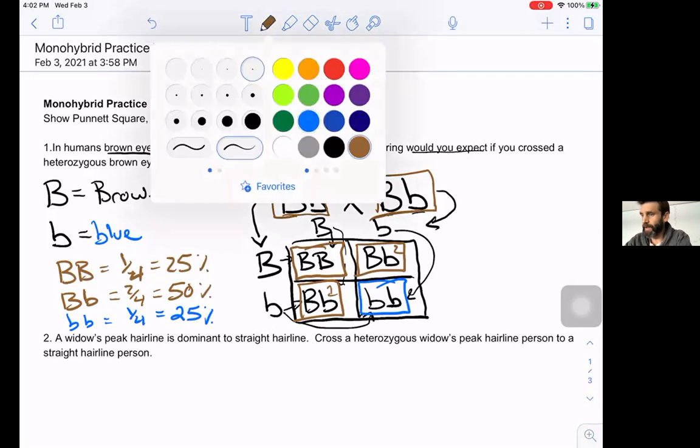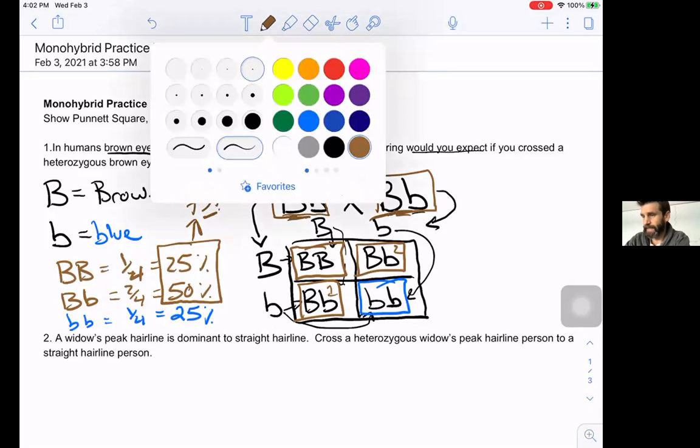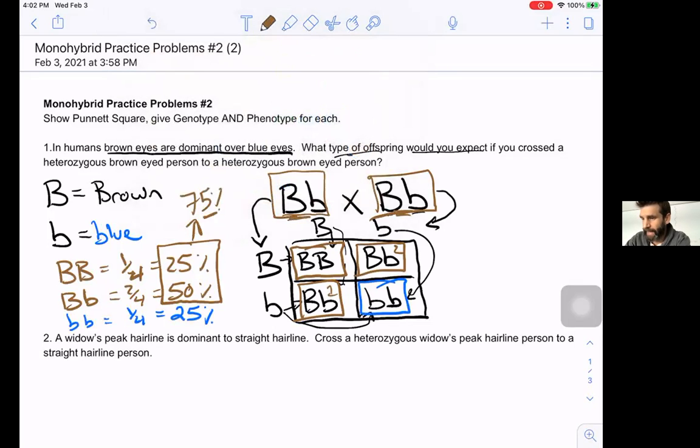So if we add these up here, there is a 75% chance that these parents would produce a child with brown eyes. That's adding up the 25 and the 50%.